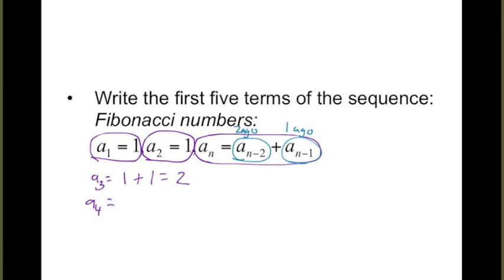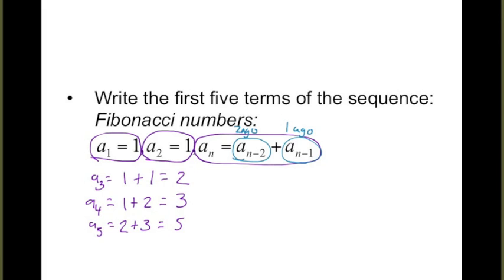A sub 4. We're going to take 2 answers ago, which if I'm at a sub 4 would be a sub 2, so that's 1, plus 1 answer ago was 2, and I get 3. A sub 5 takes 2 answers ago, which was 2, and adds it to 1 answer ago, 3.